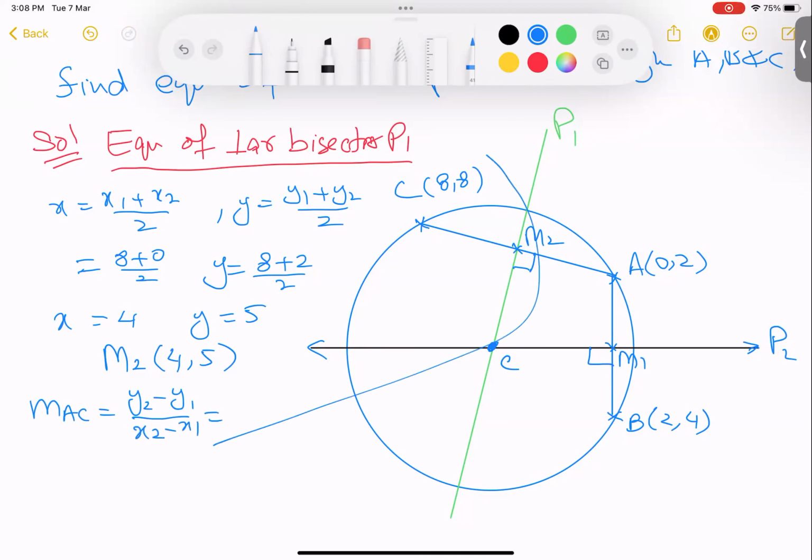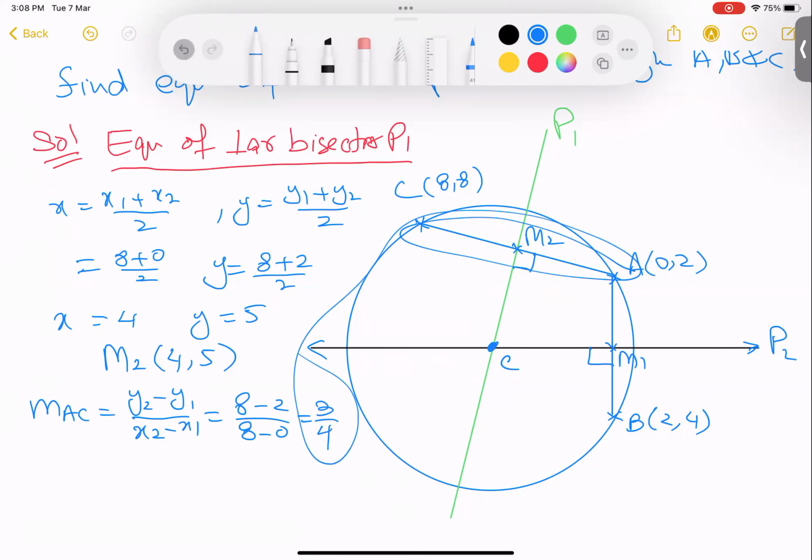So 8 minus 2 over 8 minus 0, I'm getting 6 in the numerator, divided by 8, so I get 3 by 4. Common sense: if this blue line is 3 by 4, what is the green line gradient? Negative 4 over 3. So the gradient of perpendicular 1 is minus 4 over 3.